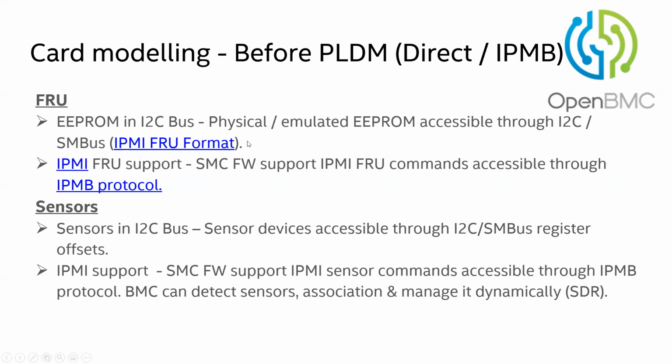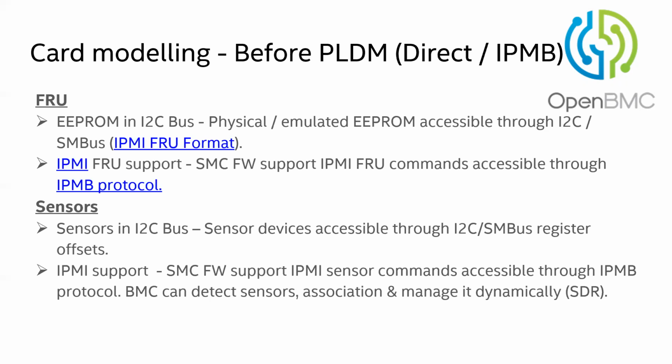So IPMI FRU is like, in the EEPROM itself, we can add and maintain it. So sometimes, for low-end cards, what people used to do is they will have only an EEPROM, and they used to represent the card through this EEPROM itself. So just for inventory purposes alone, they used to do this.